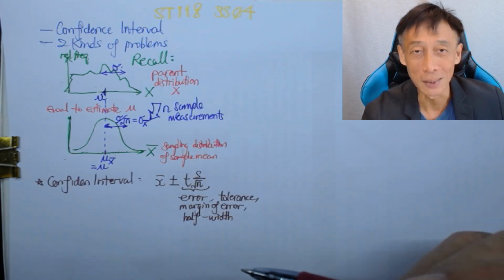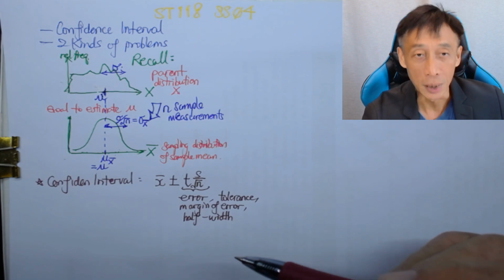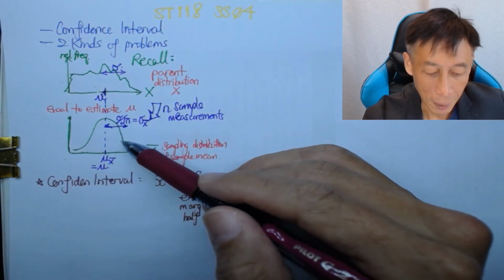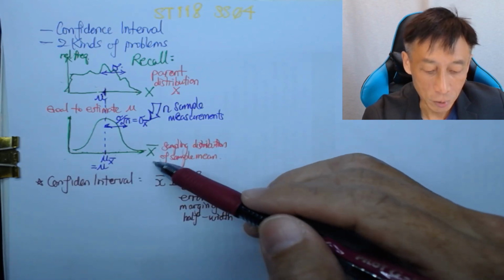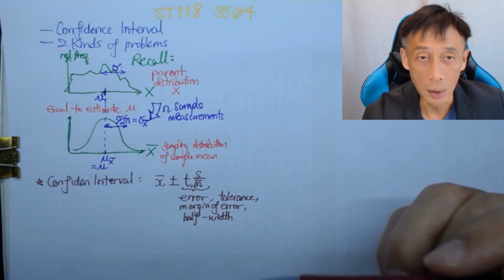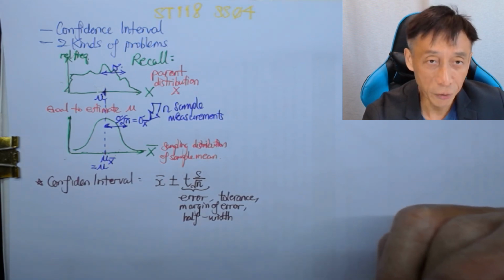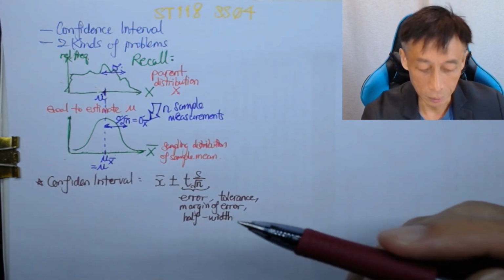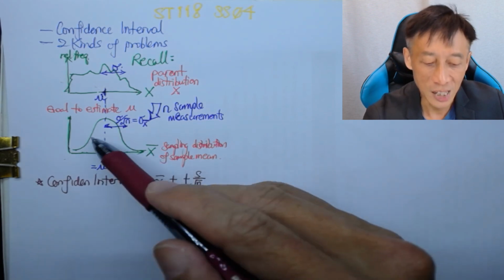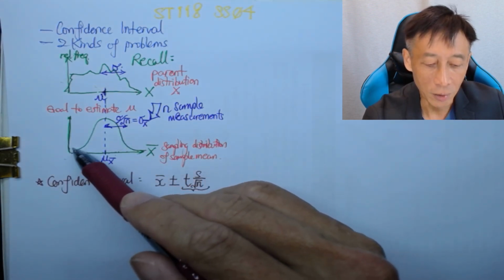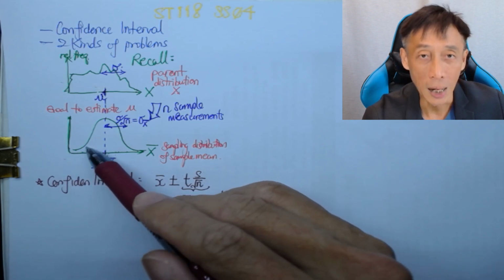And t cannot be small, cannot be close to 0, because t is a little bit like a bell curve, right? Except we change this to t, and t depends on the sample size. So there's this thing called degree of freedom, which is associated with how the t's tail end is being fattened or thinned out by the degree of freedom.